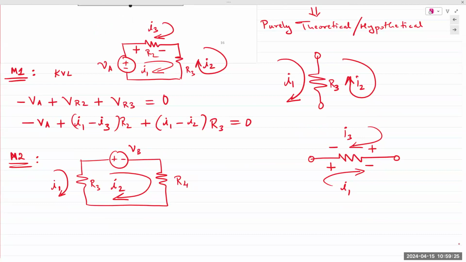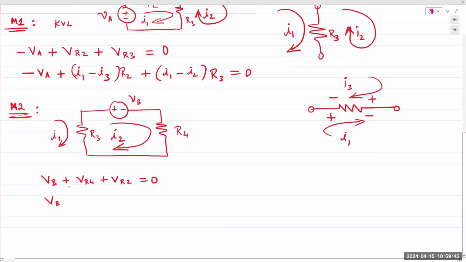Let me write out the equation and then we'll stop there. Okay. I'm going to start by applying VB plus VR4 plus VR2 equals 0. VB will remain the same.